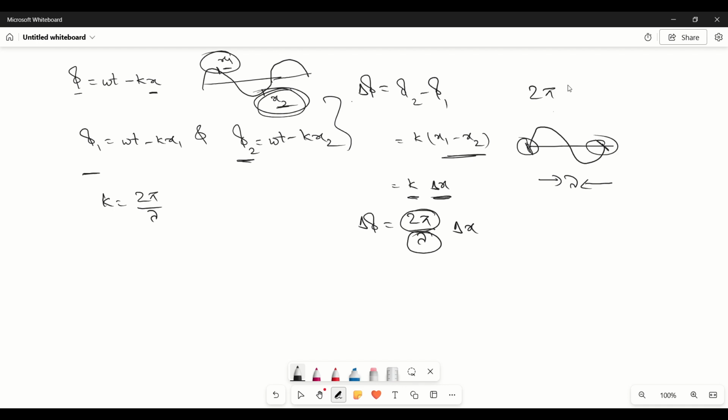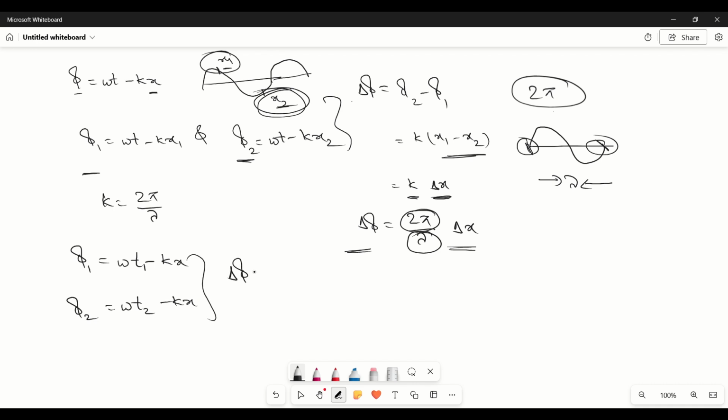Similarly, we can represent the relation between phase difference and time difference. When the wave is propagated in the forward direction, we consider phi1 equal to omega into t1 minus kx, and phi2 equal to omega into t2 minus kx. Then the phase difference delta phi is equal to omega into (t2 minus t1).